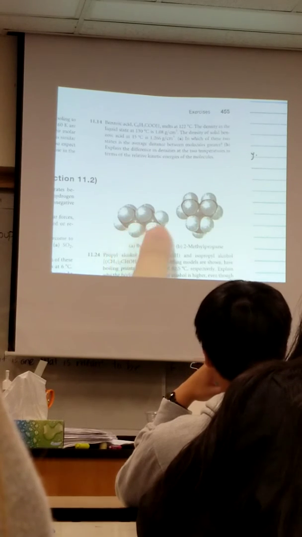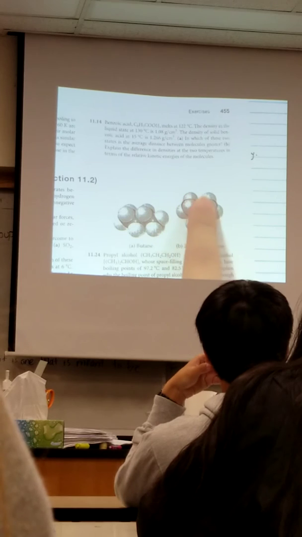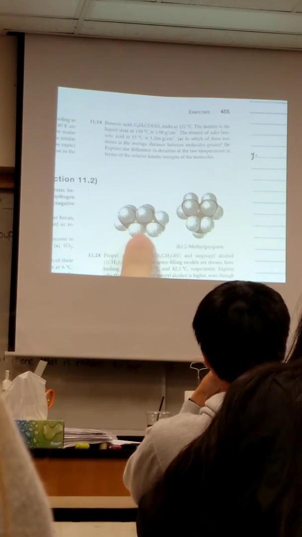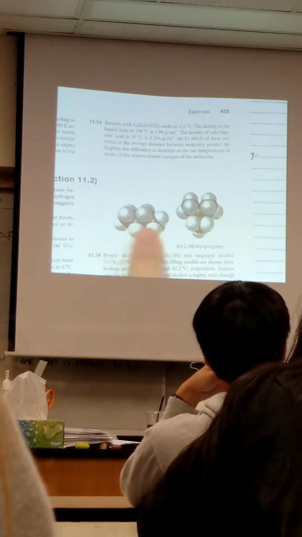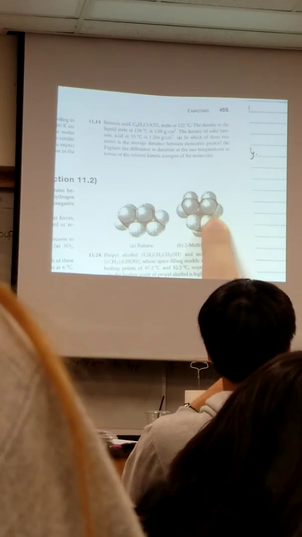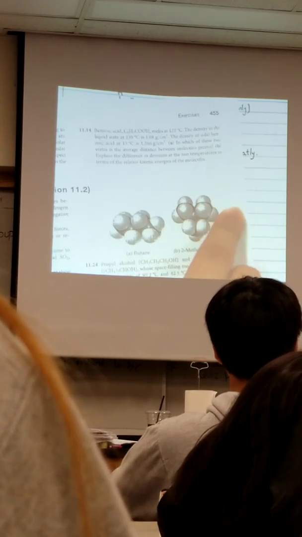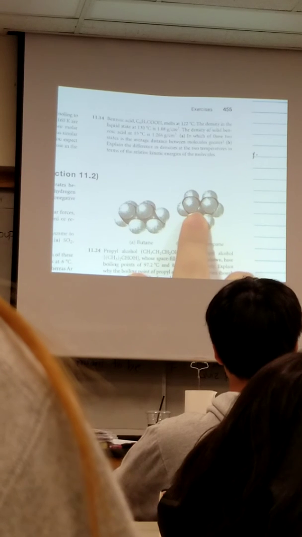This one's the quote-unquote flatter version. This one's the quote-unquote branched one, which makes it rounder, okay? So it's easier for a flatter structure to distort the electrons and make it lopsided, especially as you're going left to right or up and down, whereas here, it's harder to distort, because you have a round shape. It's harder to get the electrons to be lopsided in a certain way.